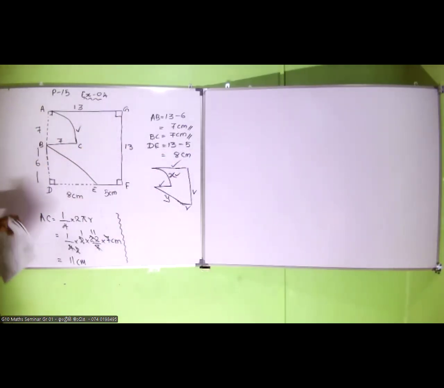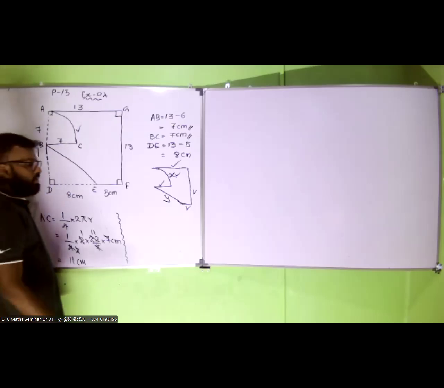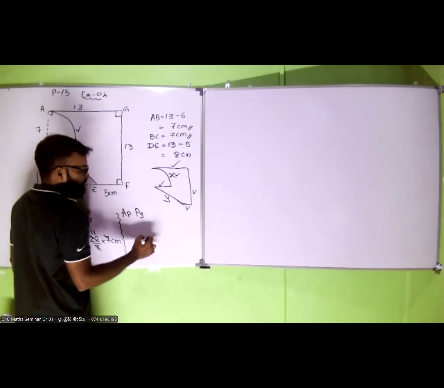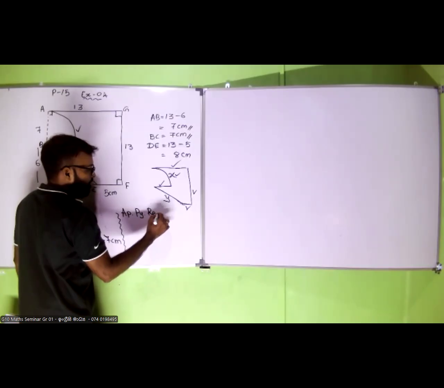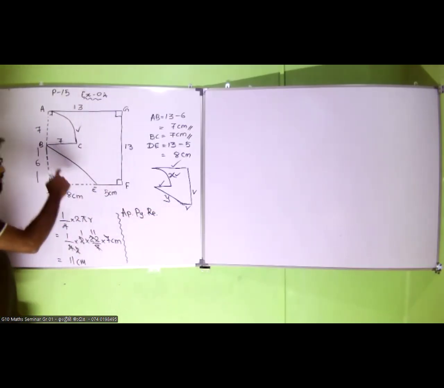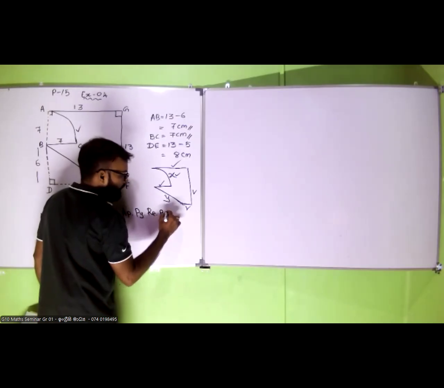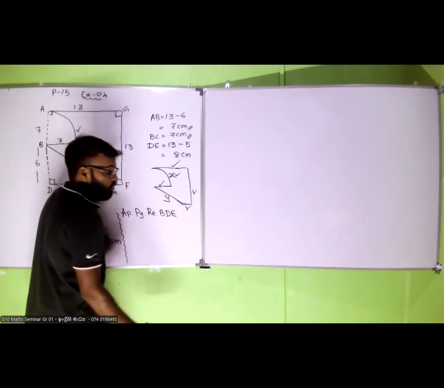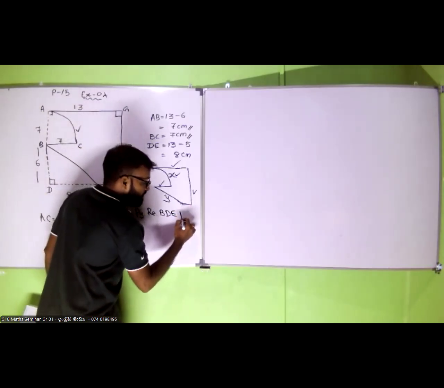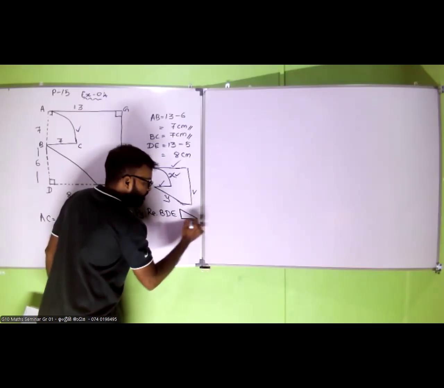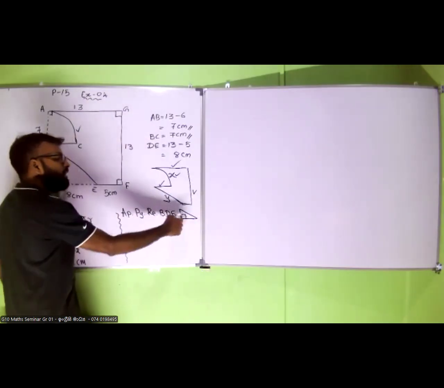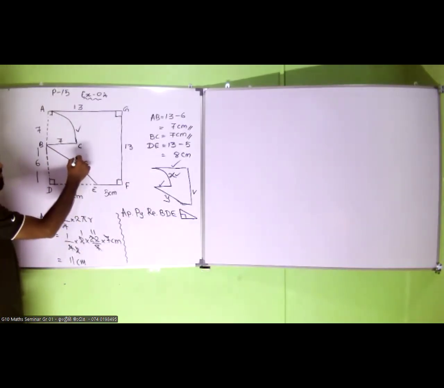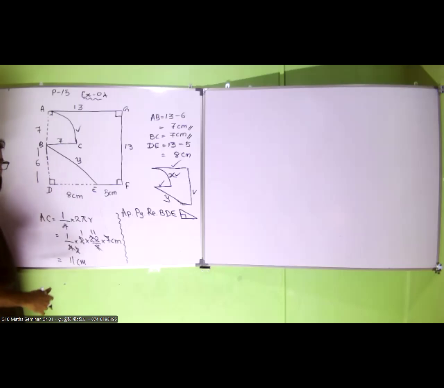Now we have to find the y. Apply the Pythagoras relationship on BDE, right angle triangle. So I will take this as y, or you can say BE square.